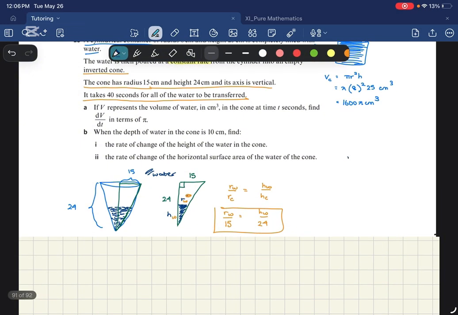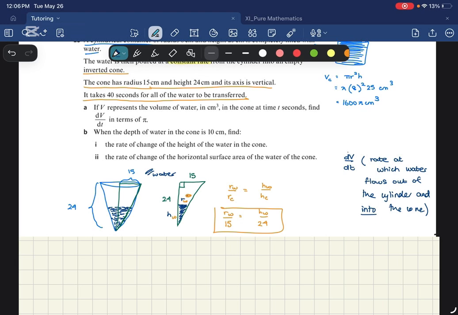So basically, your volume, dV by dt, that is the rate of flow of volume, right? That is the rate of change of volume. So this should be the rate at which water flows out of the cylinder and into the cone.